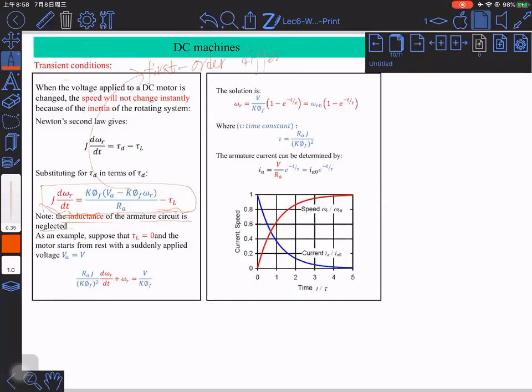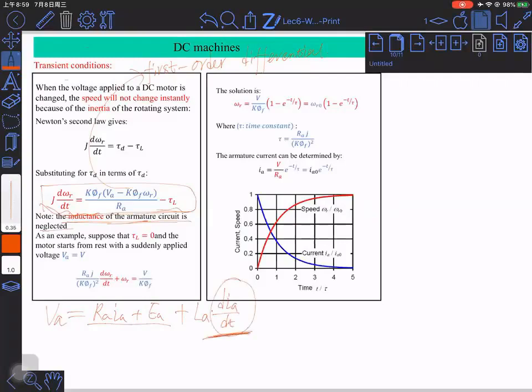Now, if we consider the armature inductance, what is going to happen? The armature voltage is equivalent to RAIA plus EA, but that is by neglecting the inductance. If we consider inductance, we have LA times dIA/dt, another differential equation.